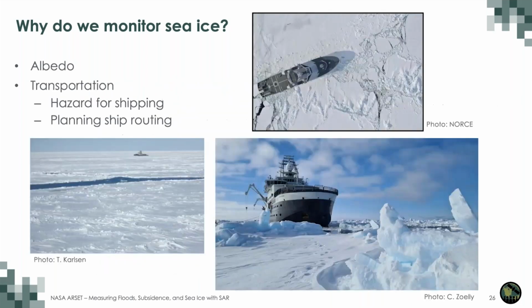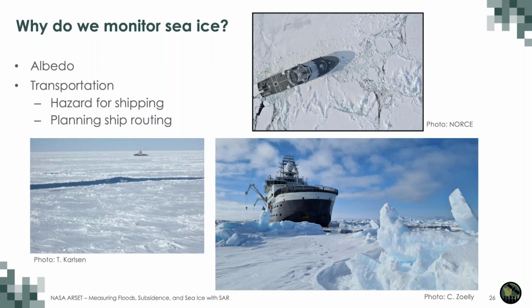But the ice is also something that we have to deal with if we're having ships or if we're living in the Arctic. The sea ice is a hindrance when we are trying to move our ships. And we then need to use SAR images or other satellite images to help our ship routing.